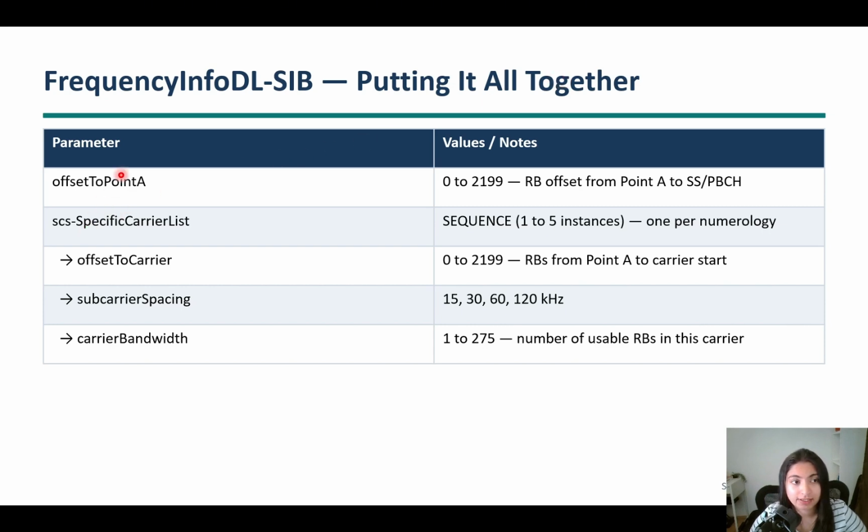It contains offset to point A, and then it contains a subcarrier spacing specific carrier list, which specifies the offset to carrier and the carrier bandwidth. So with this single SIB1 message, the UE can reconstruct the entire resource grid with a specific location for each subcarrier.